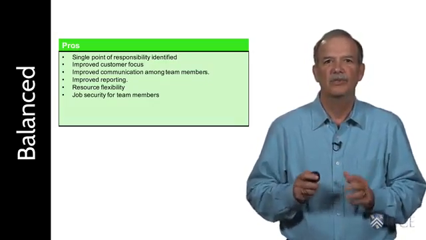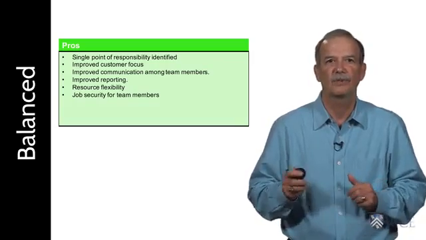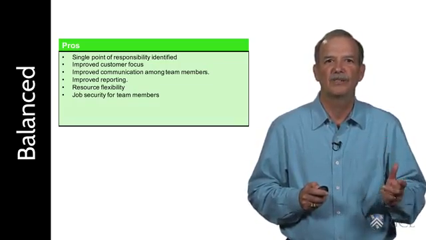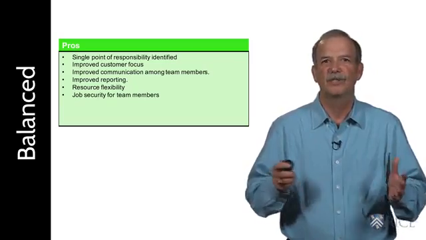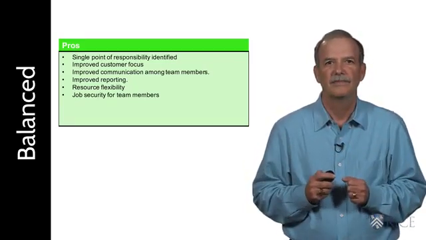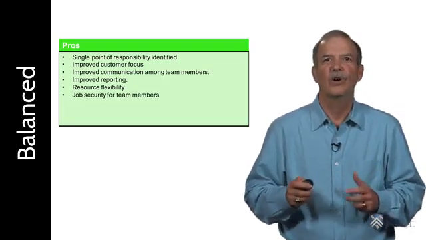The balanced matrix organization maintains many of the advantages in resource allocation and job security. Although the project manager spends more of his time on the project than in the previous two organizations, most of the staff will still split time between their functional job and the project. In addition, everyone stays in the department and has a home when the project's over.